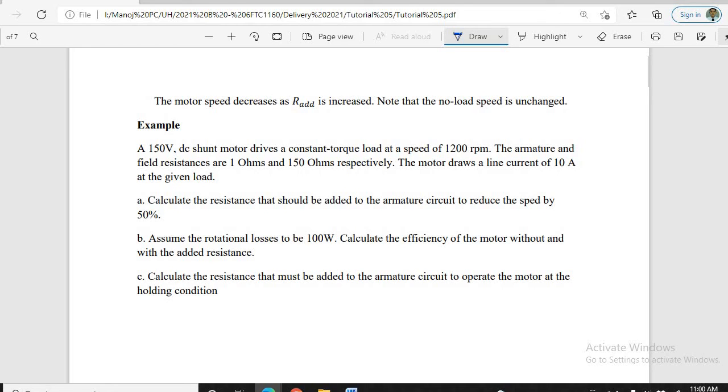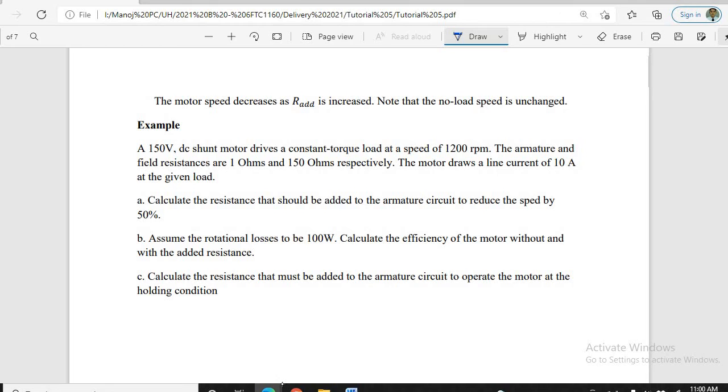Okay, so consider this example. You may have done this one also. A 150 volts DC shunt motor drives a constant torque load at a speed of 1200 rpm.